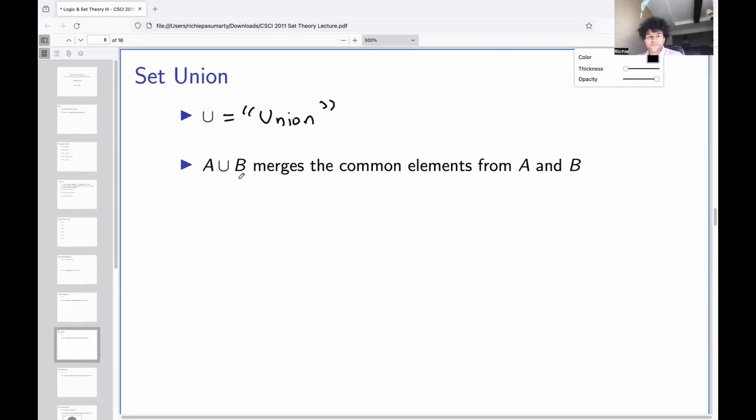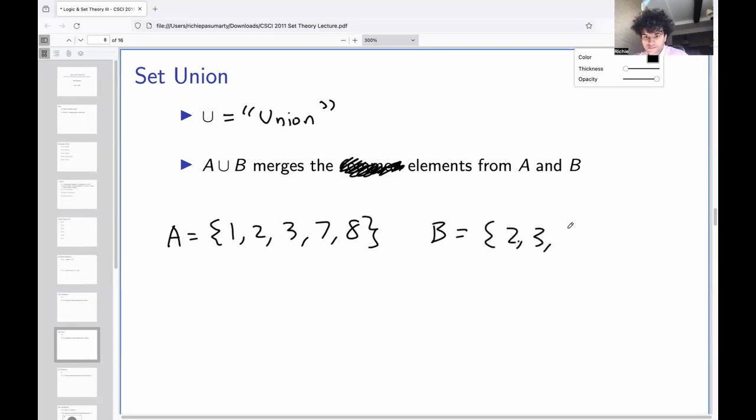A union B merges not the common elements, it just merges all the elements from A and B. So for example, if A is this set, and B is this set, then A union B is just going to keep track of everything which is in both of the sets.